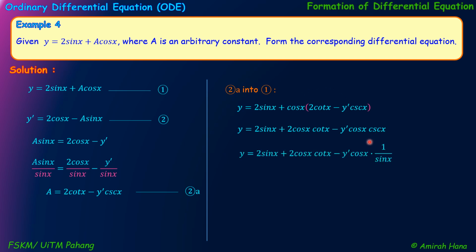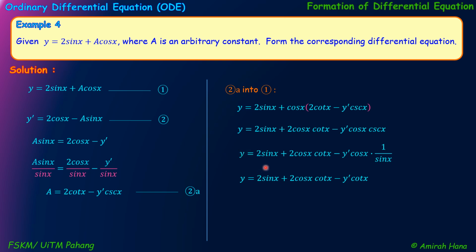After that, we can simplify, okay? We have y equals 2 sin x plus 2 cos x cot x. We don't need to change cot x to cos x over sin x because we cannot simplify with cos x here. But for cosec x here, we can write 1 over sin x because we can simplify cos x over sin x equals cot x here.